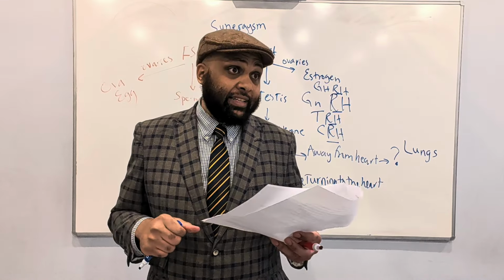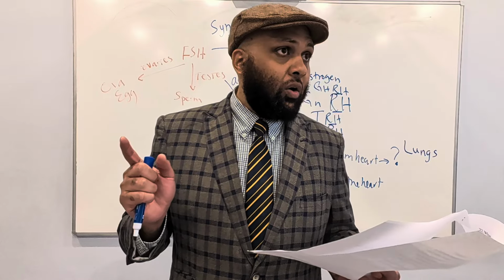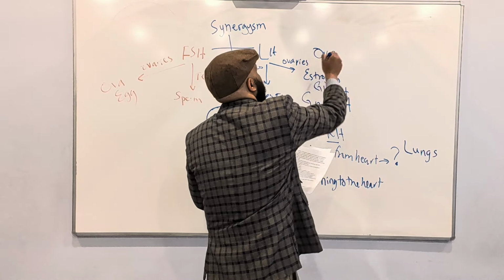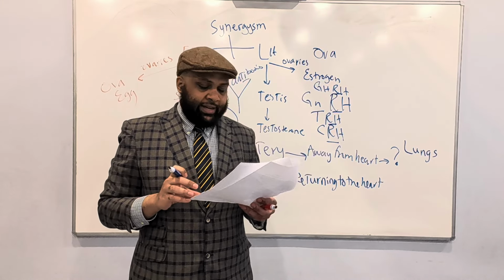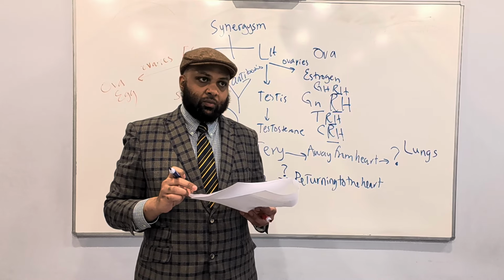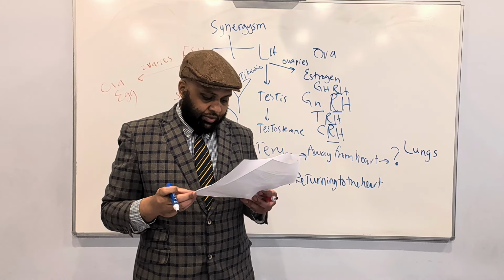It stimulates the egg. Which egg? Not the zygote, the ova. What is the effect of ADH on the kidneys? We just said that. The effect of ADH on the kidneys is to reabsorb the water, prevent the water loss.